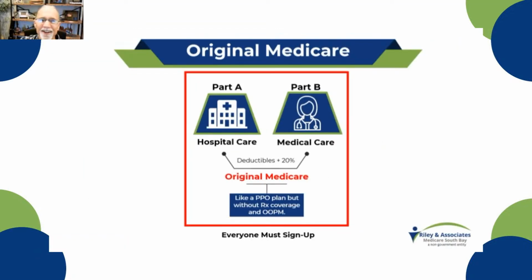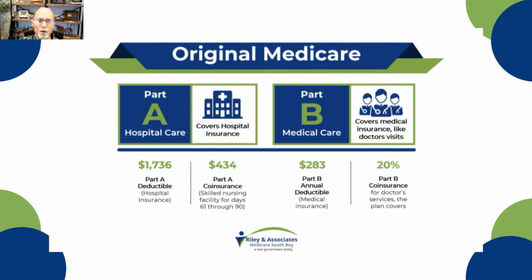Okay, so let's look at Part A and Part B, also known as original Medicare. There are some out-of-pocket costs here, deductibles and co-insurance. Let's take a look at those things here in detail. So with Part A, your hospital, you've got a couple of different areas to be aware of. One is a deductible of $1,736 for 2026.